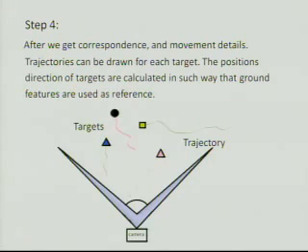Step 4 is to put everything together and try to draw trajectories for different targets. We also draw the camera on the map, and the angle represents the camera side, the different color spots represent the targets, and the lines represent the trajectories.